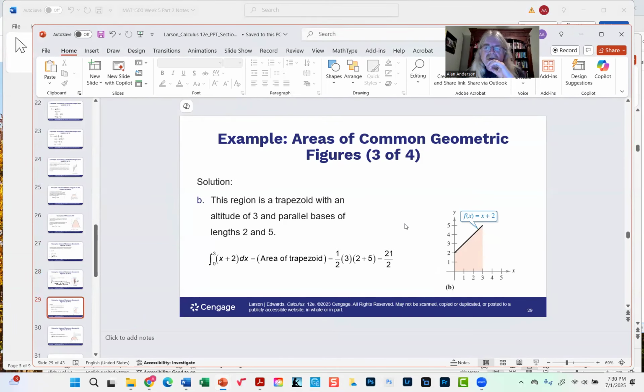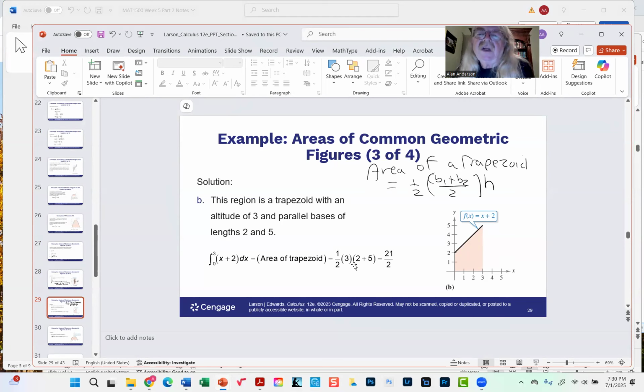Now here's something we haven't thought about in a long time, a trapezoid. Wow, look at that, a trapezoid. If you notice, 2 of the sides are parallel to each other. The other 2 are not. If you remember, the area of the trapezoid is 1/2 of the average of the 2 bases times the height.